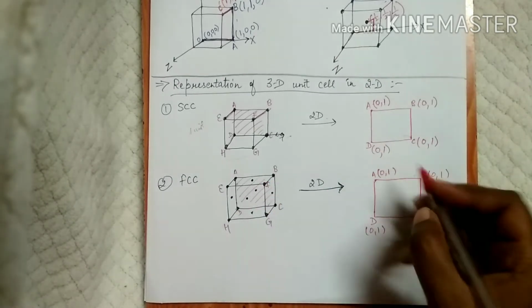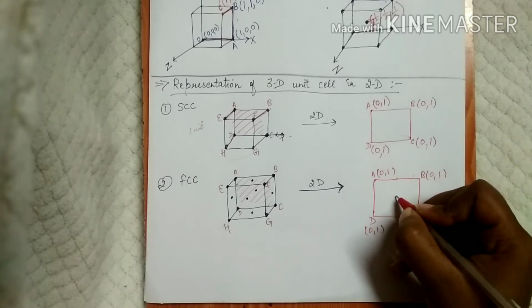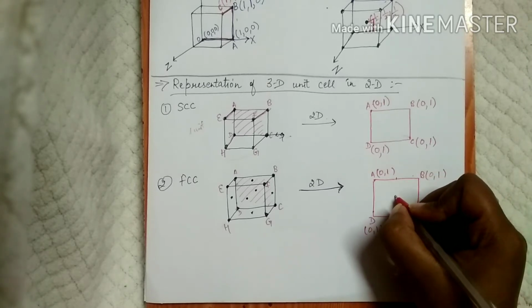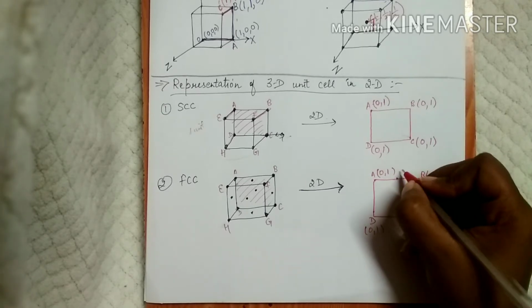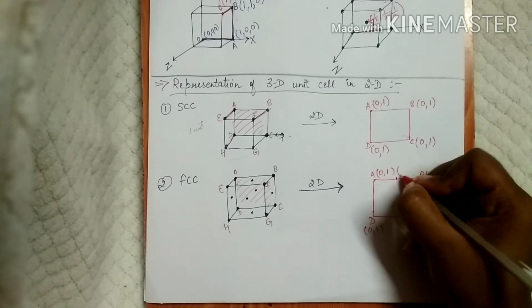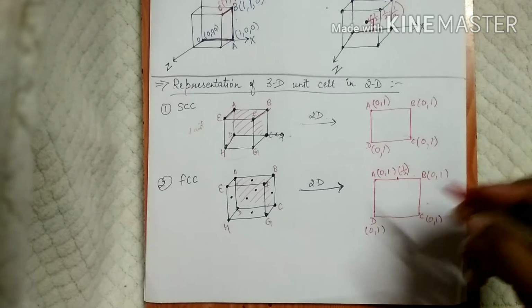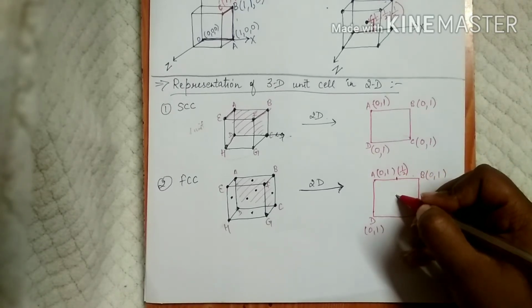So if you see, at 1/2 distance from this point, that is in the center, there is one atom present, right, in FCC. So here no atom is present, so we are not going to designate this point 0. We can designate only 1/2, that is one atom is present at 1/2 distance from here.